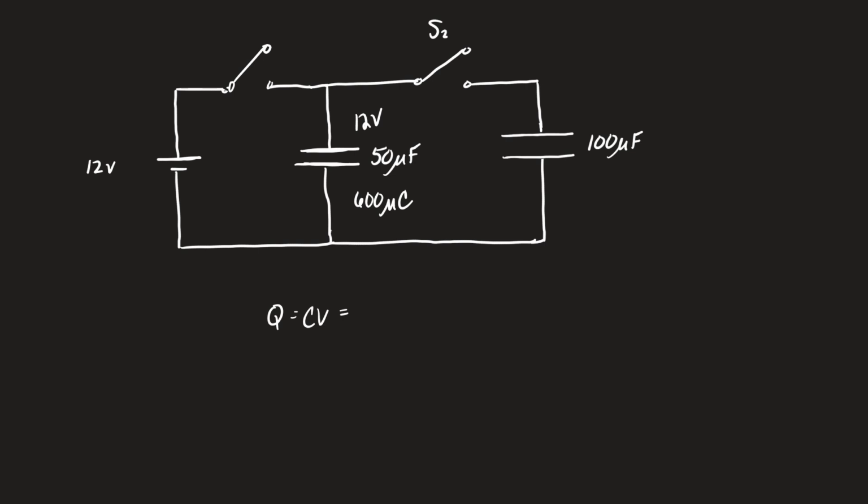But when we close switch two, I assume you agree something's going to happen, right? Now, here's the big question. The 100 microfarad capacitor is uncharged. So at time zero, when we close the switch, charges are probably going to move to begin to charge up that capacitor.